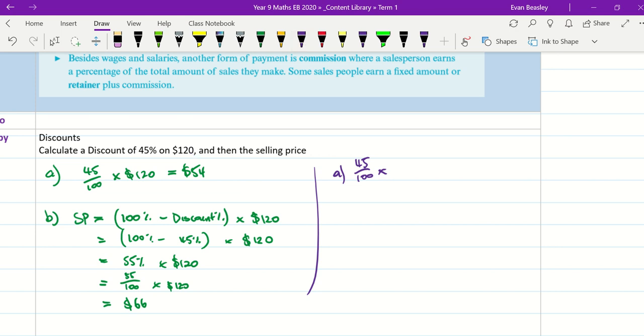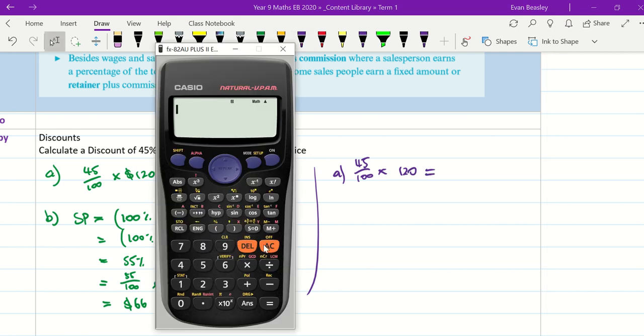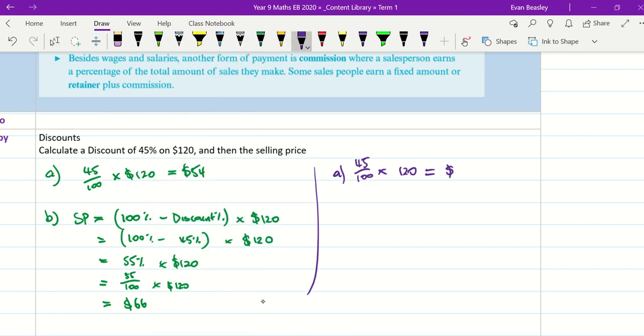So the next thing we want to do is we want to multiply. So we're going to go 45 over 100 multiplied by 120, and we'll just grab our calculator again and we'll go 45 over 100 times 120, and that should get you $54.